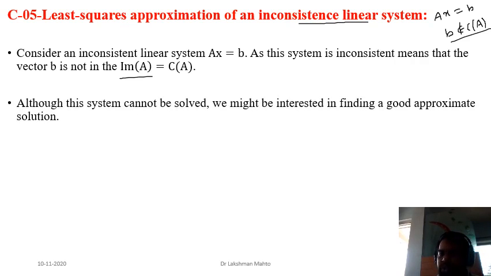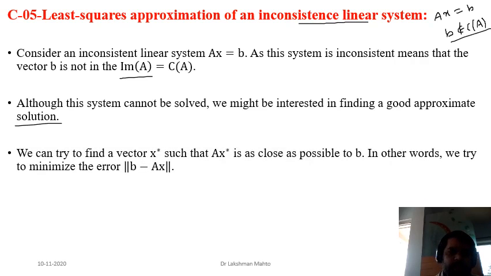Although this system cannot be solved, so we can't get an analytical solution of the system, we might be interested in finding a good approximate solution. Good means it may lead to the best or least solution. So we can try to find a vector x star such that A times x star is the closest point to b, or as close as possible to b.